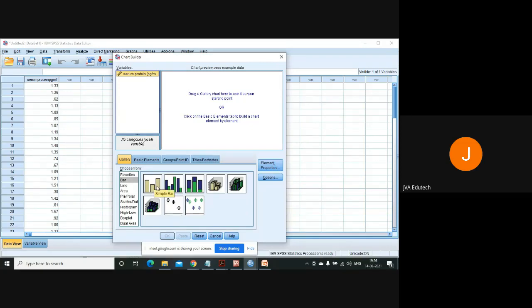This gallery will give you the option of which kind of chart you want to make. You can just double click it and select it. Then there is the variable list, where you can select which variable you want to choose.